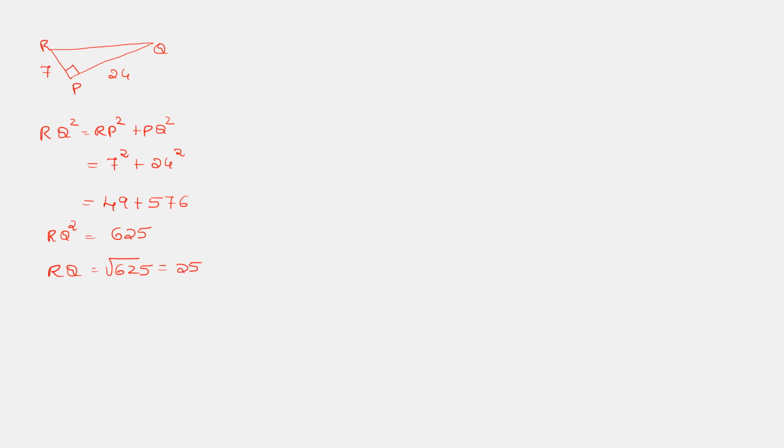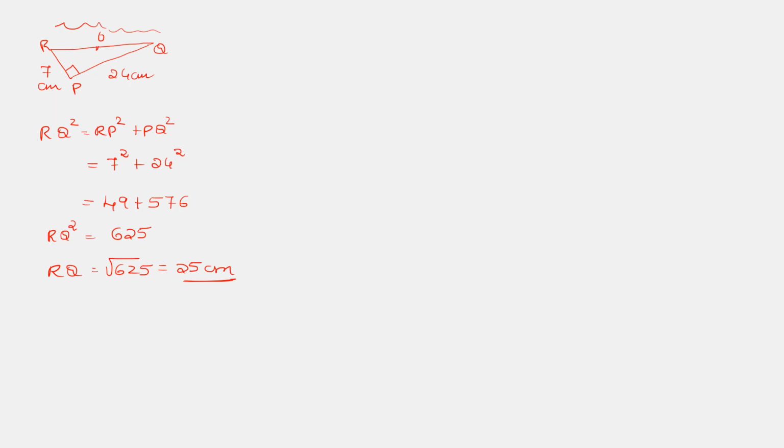What is the unit of it? The unit is centimeter. Why? Because we have been given RP as 7 centimeters as well as PQ as 24 centimeters. Now we got RQ equal to 25 centimeters. Therefore, what is RO or OQ?